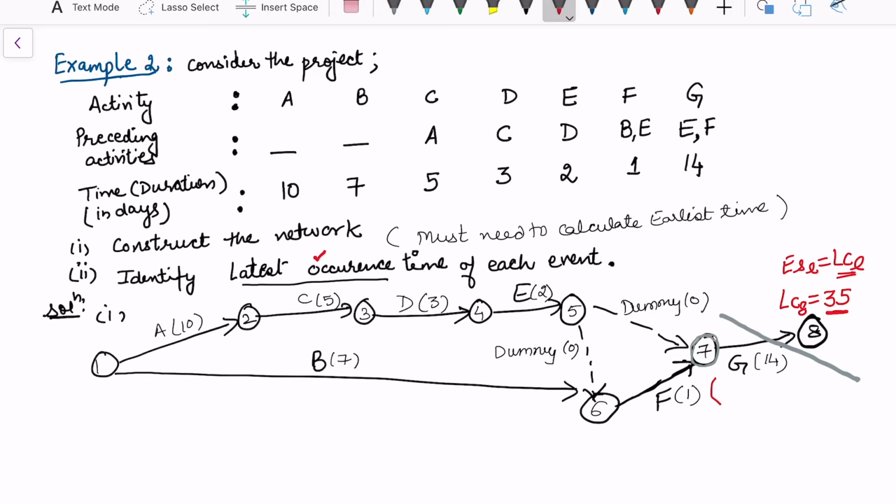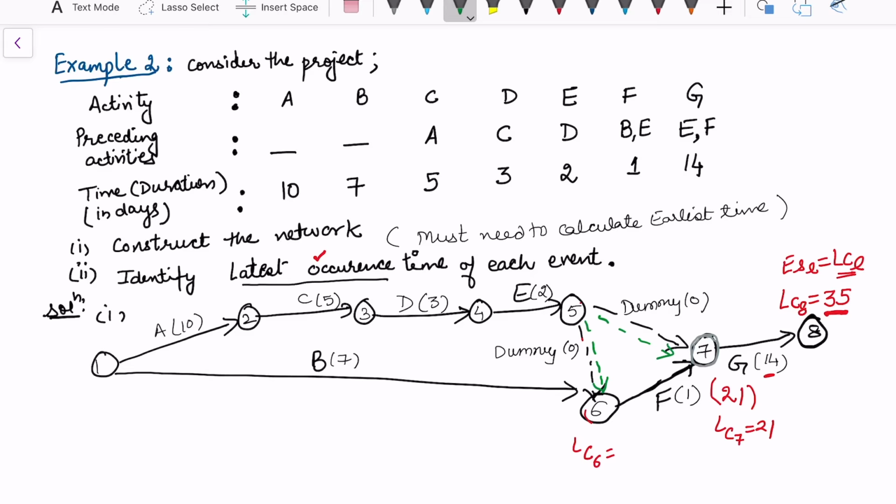And then let's come back to the next node. So suppose we are coming back to the 6th node. Before we complete the 6th node, we can't go to 5, because we see here 5 is generating these two activities. And if I do not move forward, I assume that my node is completed at 5th.